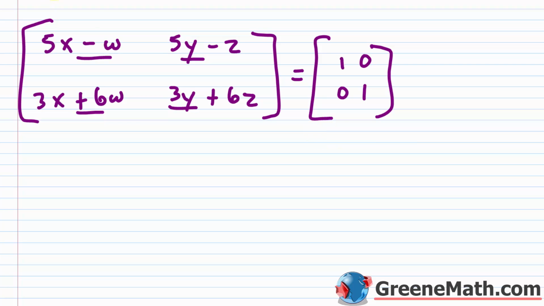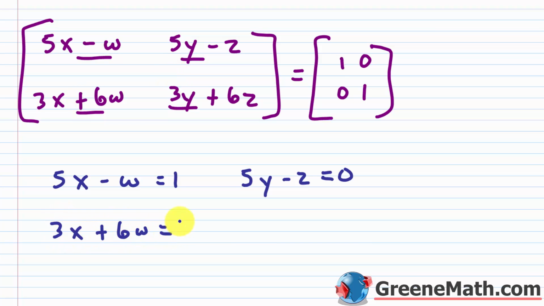So what that means is that this guy right here, this 5X minus W, must be equal to 1 if this is true. Okay. We also know that 5Y minus Z must be equal to 0. Again, corresponding entries. So this guy right here, this 3X plus 6W must be equal to 0. And this guy right here, this 3Y plus 6Z is equal to this one here. Okay. So far, so good.